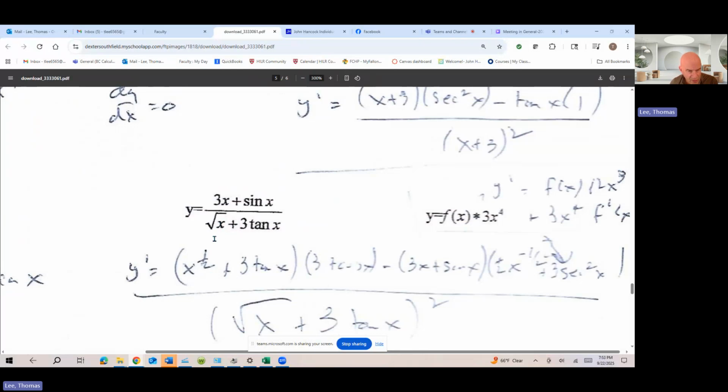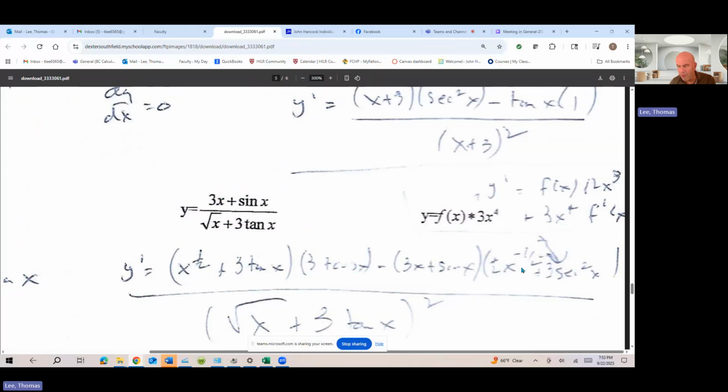I write this as x to the 1/2 plus 3 tan x times the derivative of the top, 3 plus cosine x, minus 3x plus sine x times the derivative of the bottom. You are perfectly okay to leave that as 1/2 x to the -1/2 plus 3 secant squared, all divided by this squared.